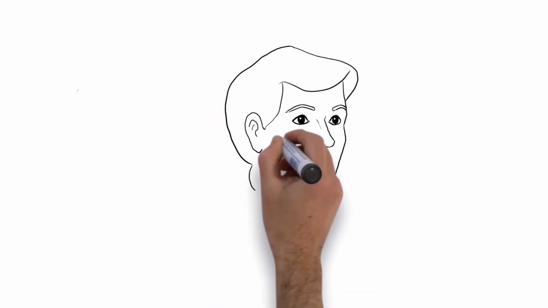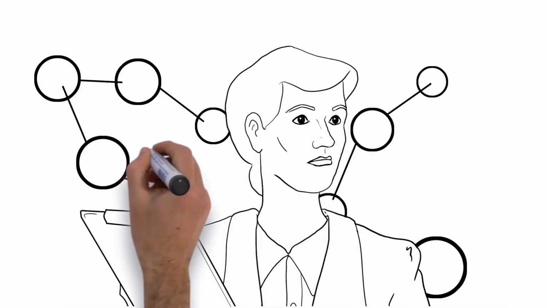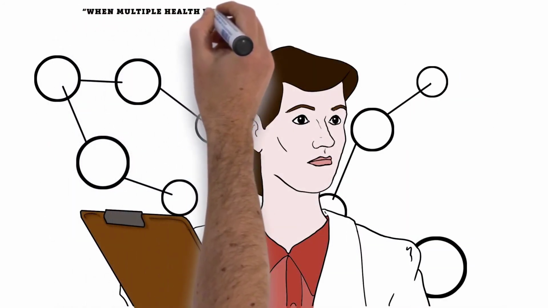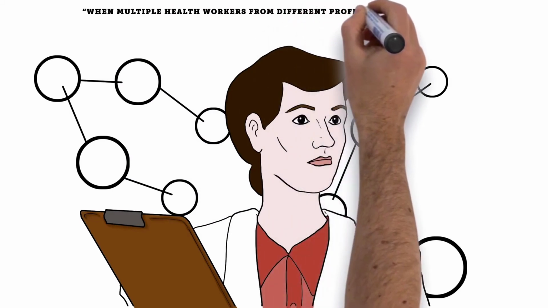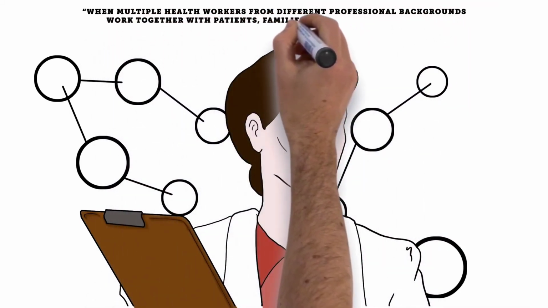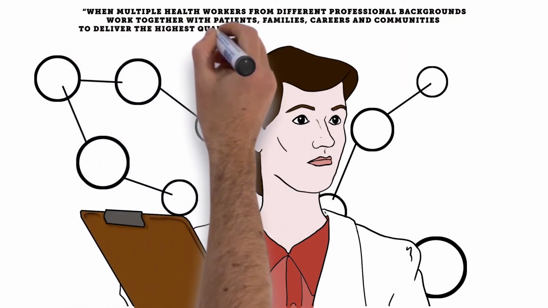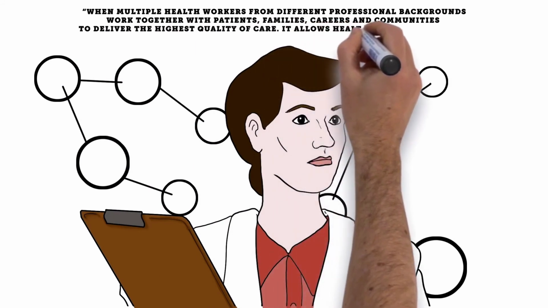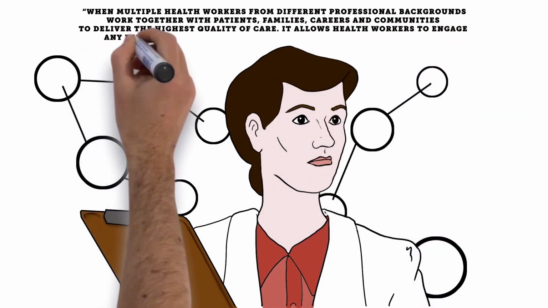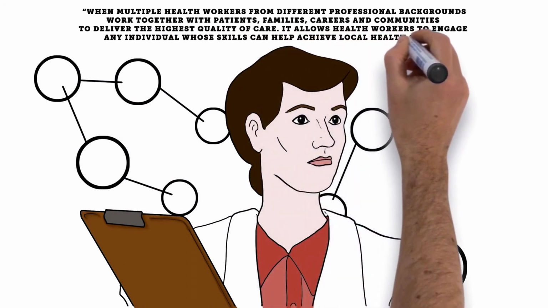The World Health Organization defines collaborative practice as when multiple health workers from different professional backgrounds work together with patients, families, carers, and communities to deliver the highest quality of care. It allows health workers to engage any individual whose skills can help achieve local health goals.